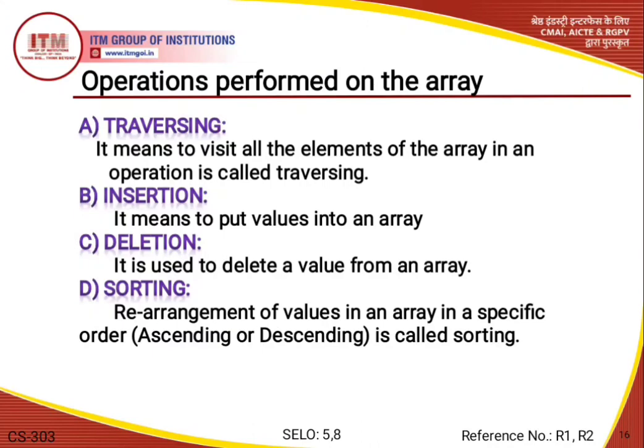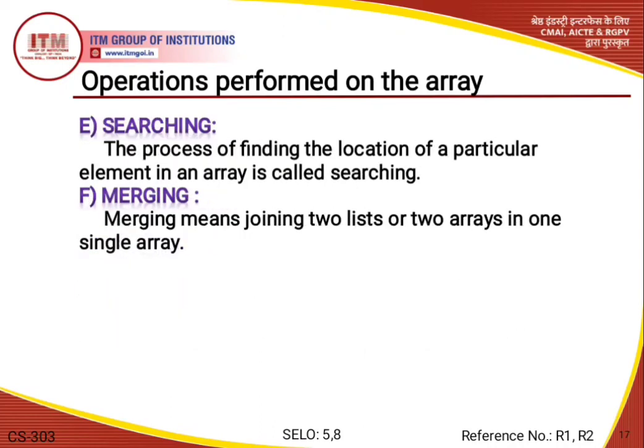Sorting an array is ordering the array elements in increasing order from min to max, or decreasing order from max to min. Next is searching. The process of finding the location of a particular element in an array is called searching. The next operation is merging, where merging means joining two lists or two arrays into one single array.